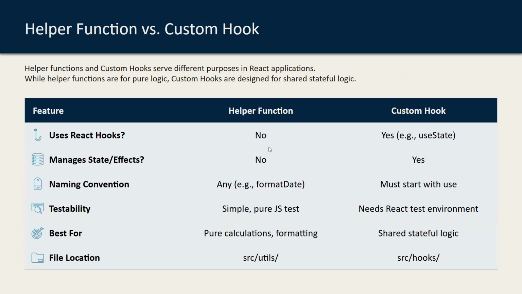Helper functions can have any normal function name like formatDate, but custom hooks must start with use. So that is not something that is mandatory, but it is a good naming convention that has been used by React developers almost everywhere.